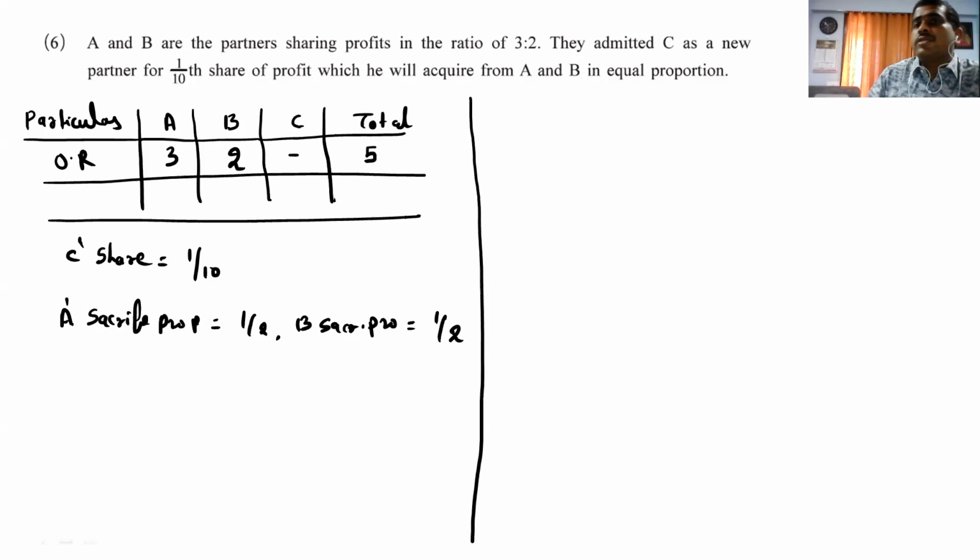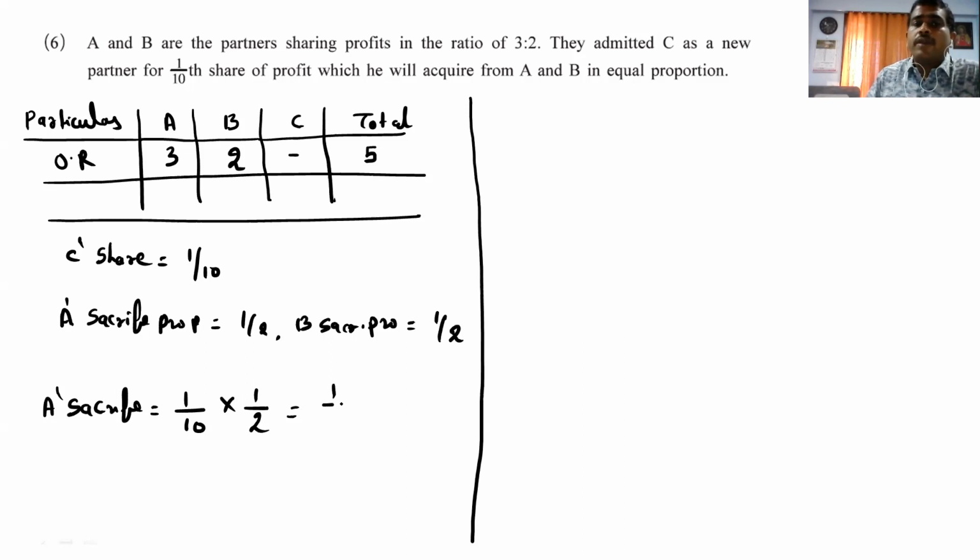So they admitted C as a new partner, 1 by 10, which he will acquire from A and B. That means now we are going to calculate A's sacrifice. What is the C share? 1 by 10. From 1 by 10, which he will acquire from A and B in equal, that means 1 by 2.